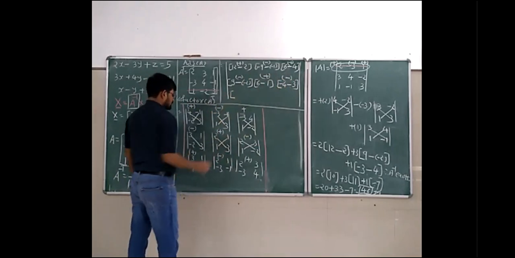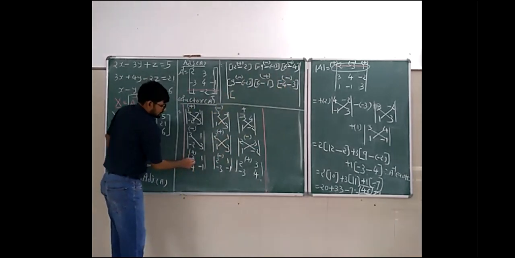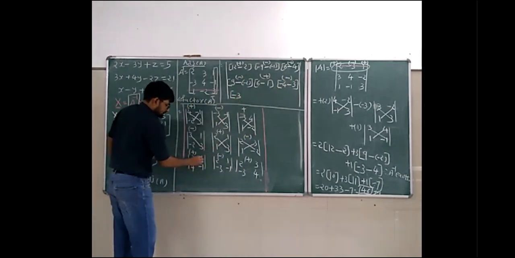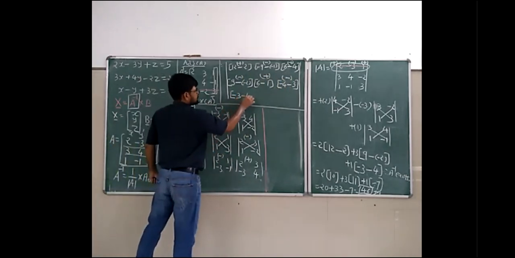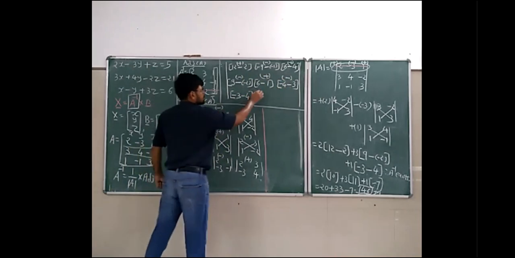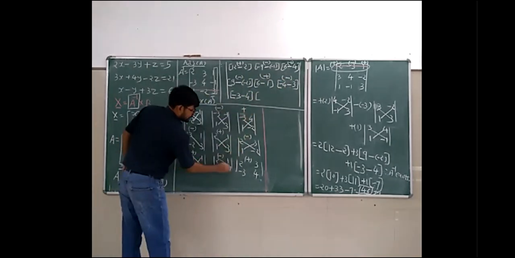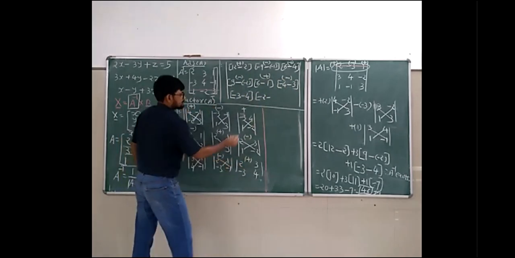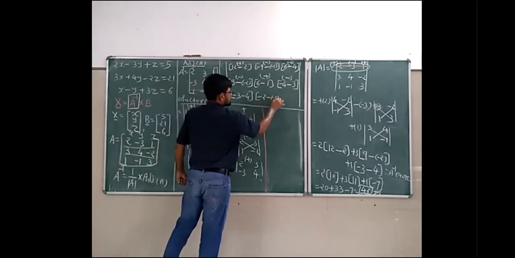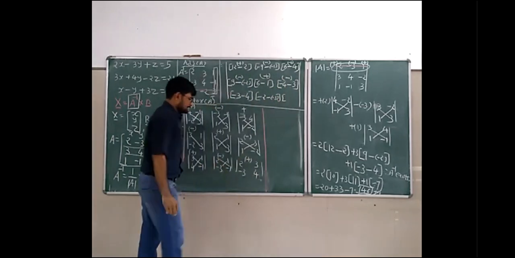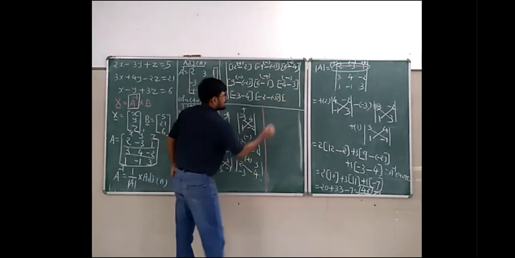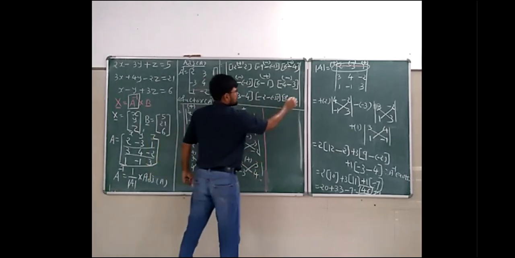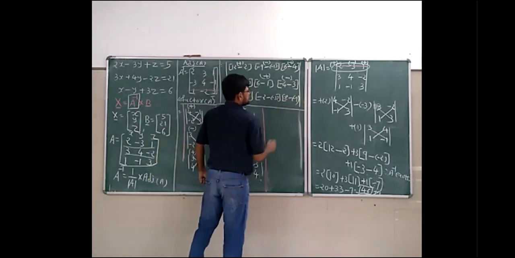Then find the third row. So 3 into minus 1, minus 3, 4 into 1, minus 4. Then 2 into minus 1, minus 2, minus 1 into minus 3, minus 3. And 2 into 4, 8, minus 3 into minus 3, minus 9.